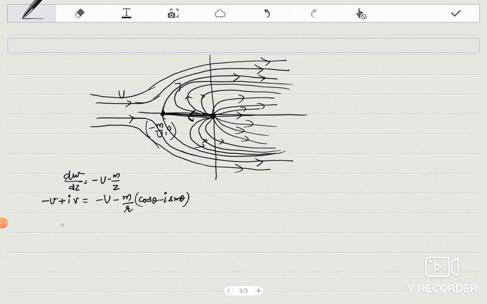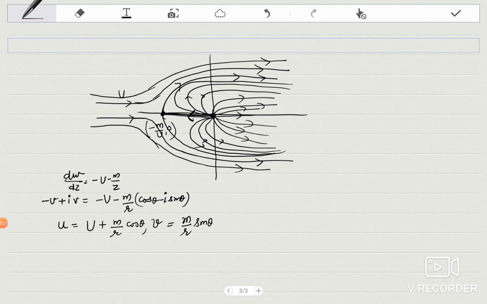So comparing, you may find u is equal to capital U plus m upon r cos theta, v is equal to m upon r sin theta. So these are the velocity components.